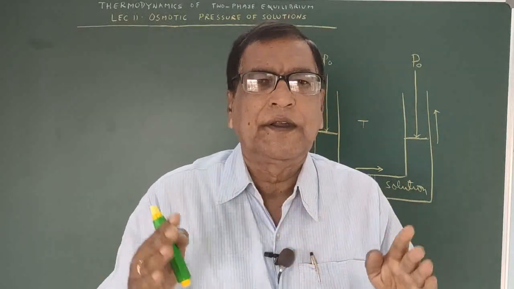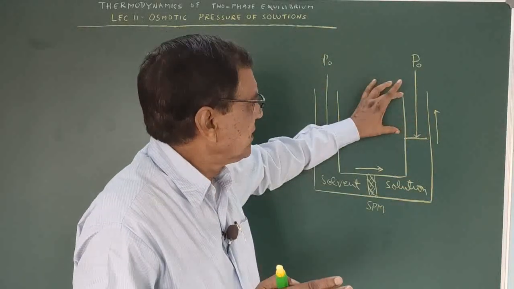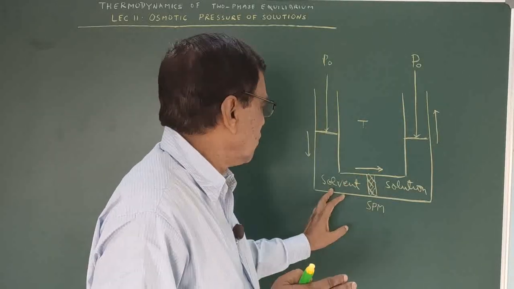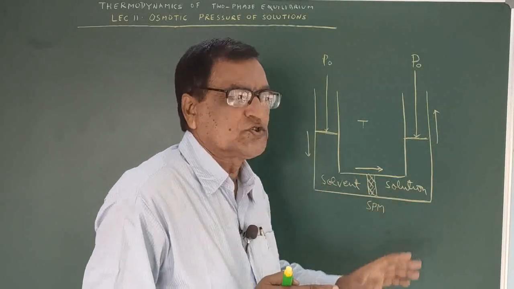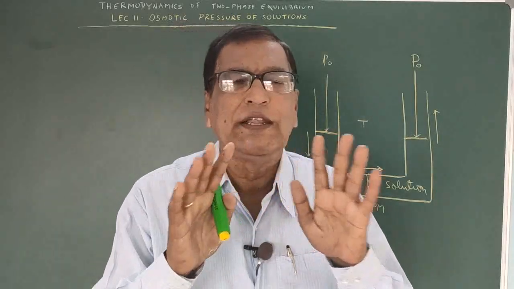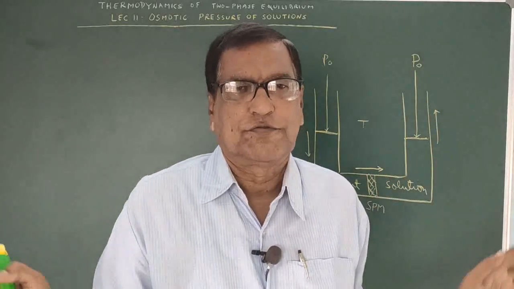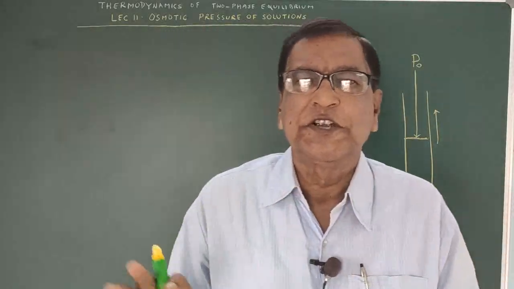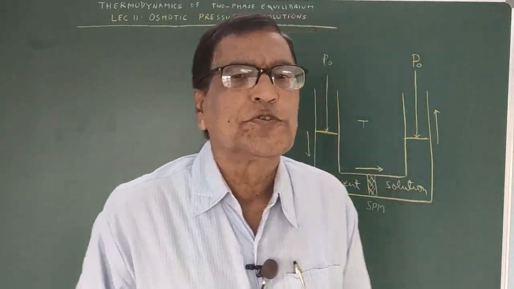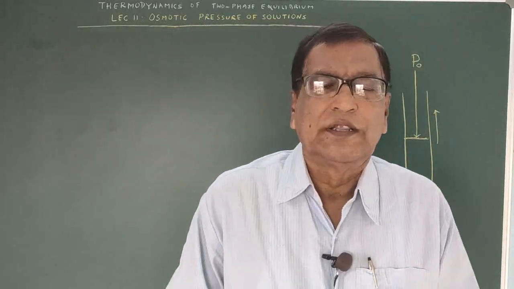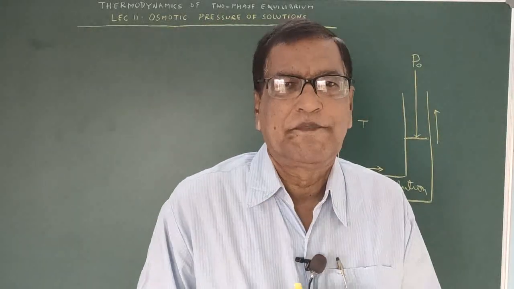At a certain hydrostatic pressure developed on the solution side, the flow of the solvent is totally checked, meaning osmosis stops. That hydrostatic pressure so developed on the solution side we call the osmotic pressure.